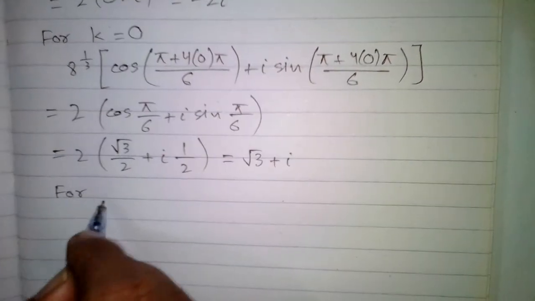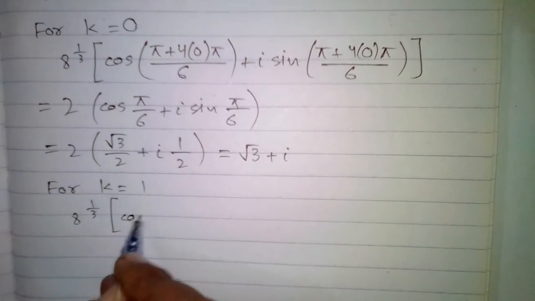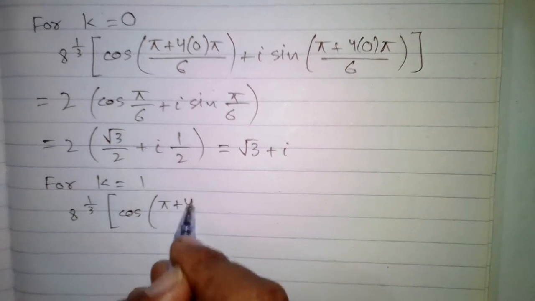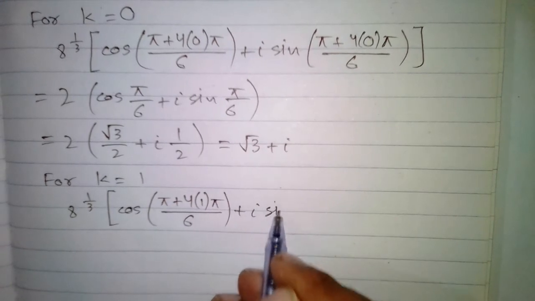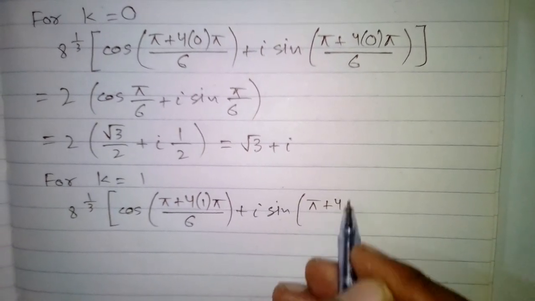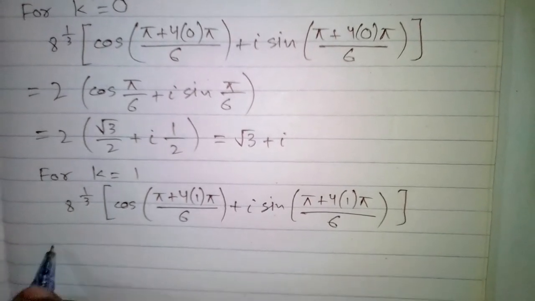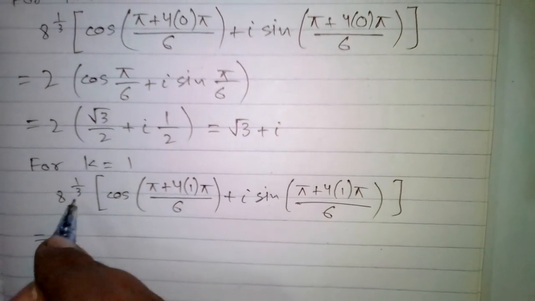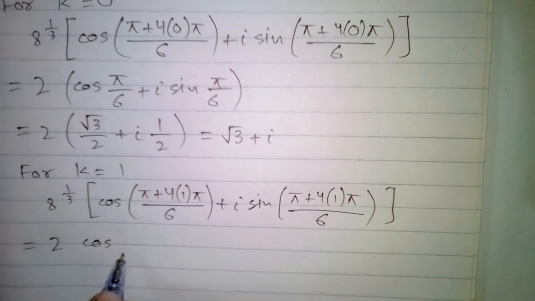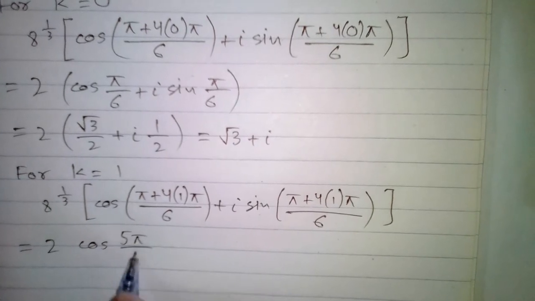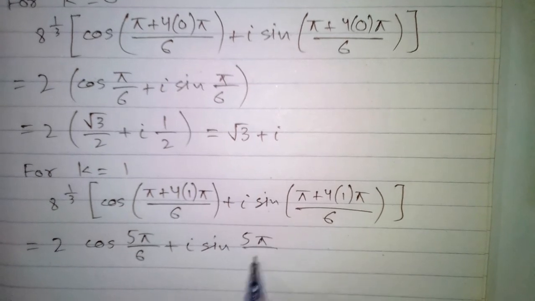Now for k is equal to 1, we have 8 raised to the power 1 upon 3, then cos of pi plus 4 times 1 times pi by 6 plus iota sine of pi plus 4 times 1 times pi by 6, and 8 raised to the power 1 upon 3 is 2, and this will be simplified to cos 5 pi by 6 plus iota sine of 5 pi by 6.